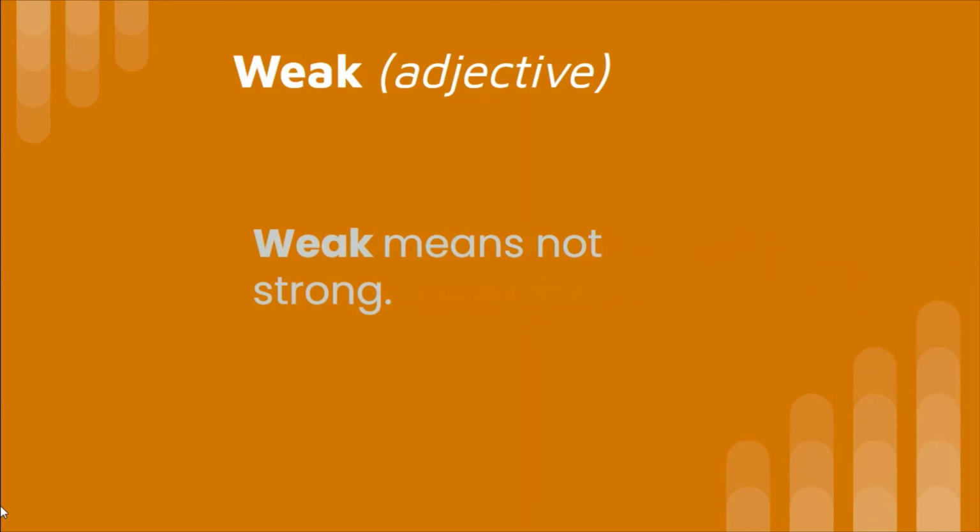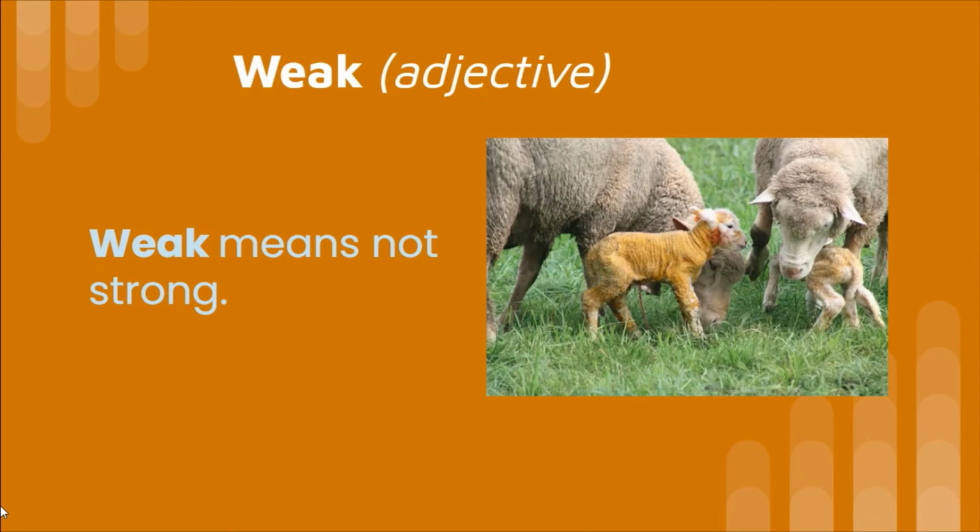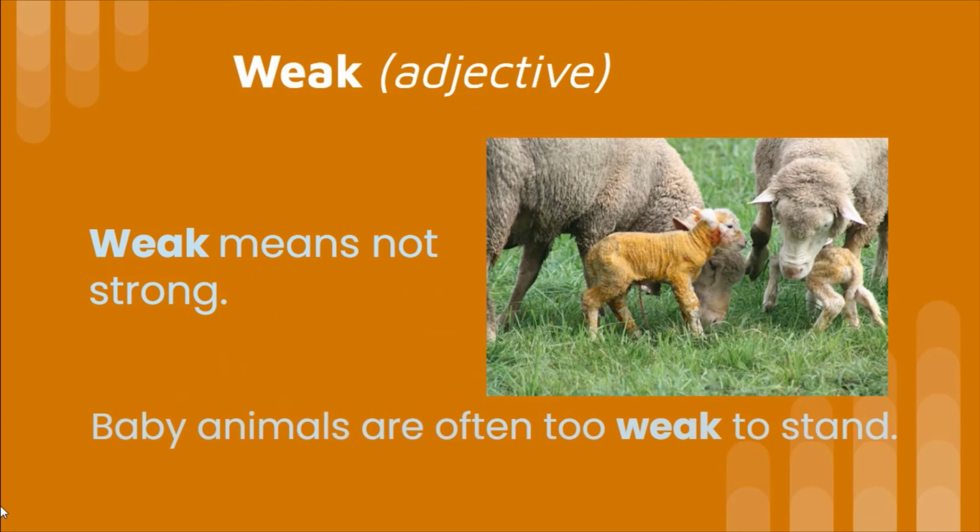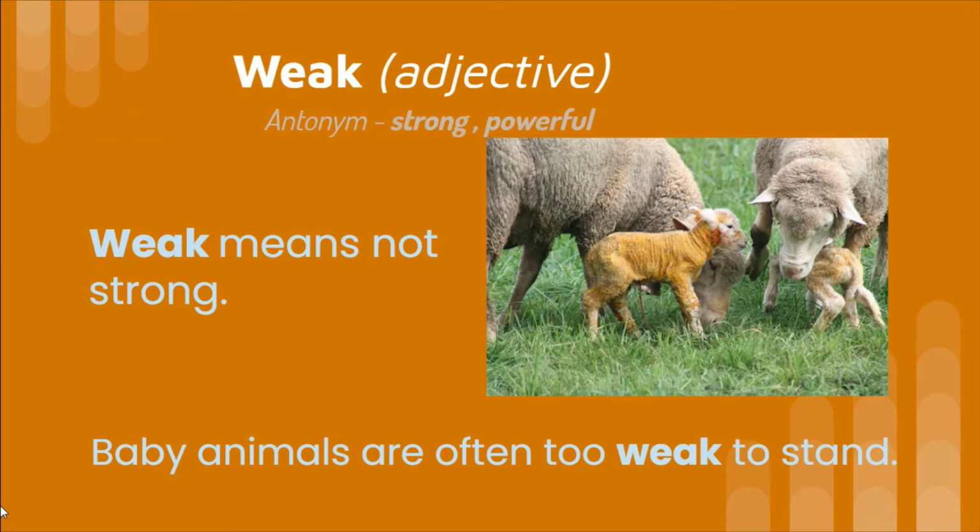Okay, so we have arrived at our last word, and that is weak. Let's say it. Weak. One more time. Weak. And weak is an adjective. Weak means not strong. Not strong. So let's go ahead and read the sentence together. Look at the illustration. Look at the little baby sheep. Baby animals are often too weak to stand.